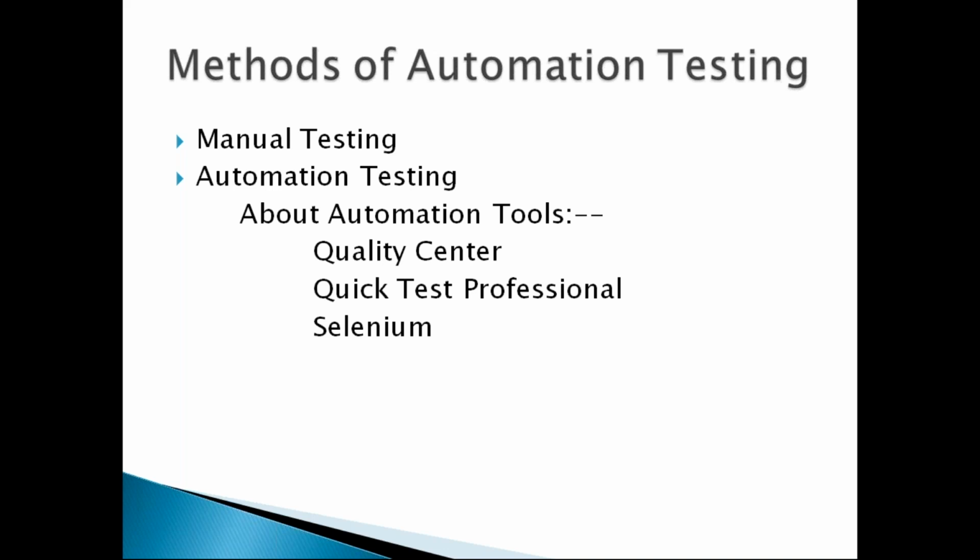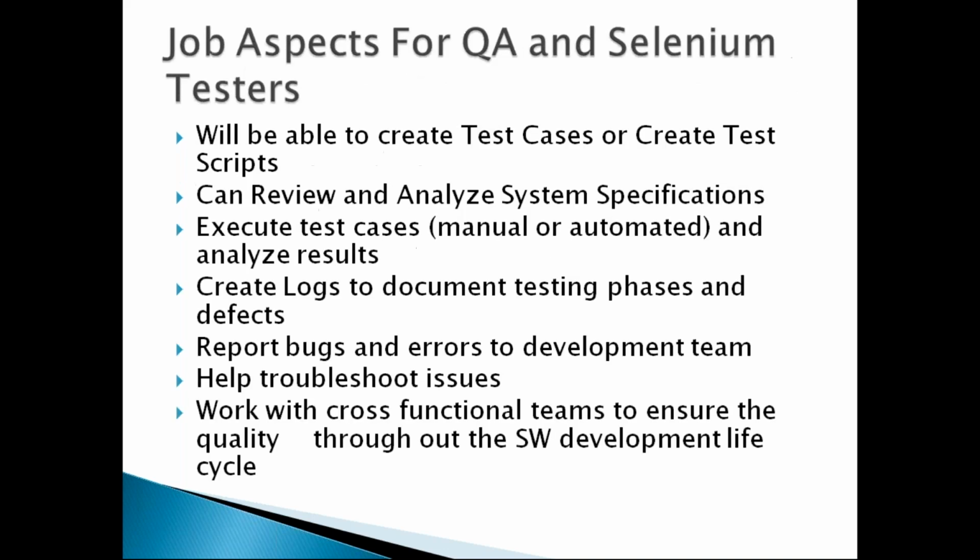And what are all the job aspects for QA and Selenium testers? The participants will be able to create test cases or create test scripts using different tools. They can review and analyze system specifications like FRS and BRS documents by themselves.